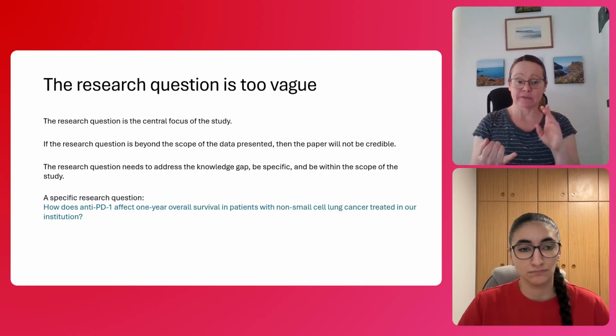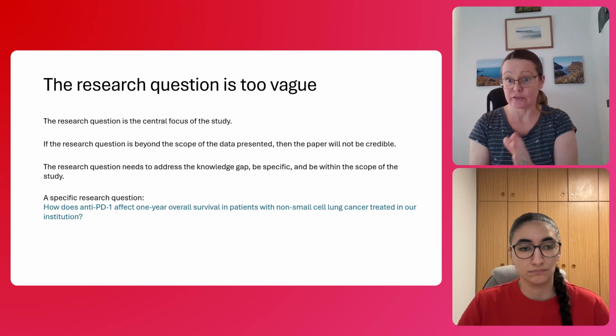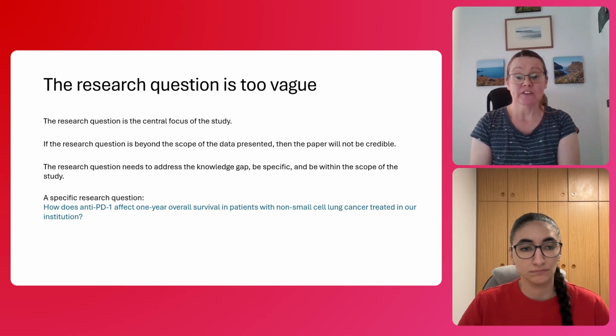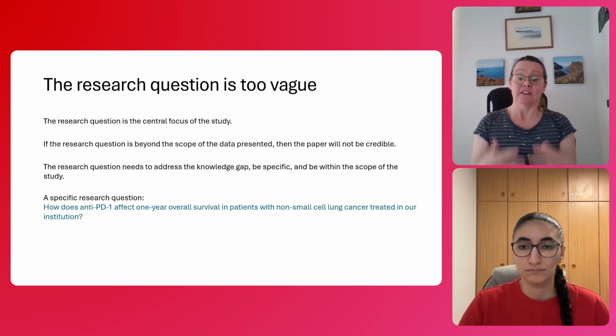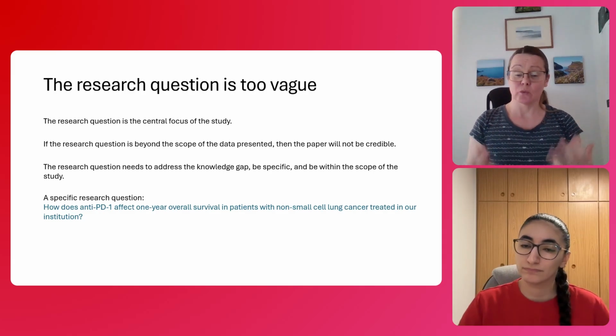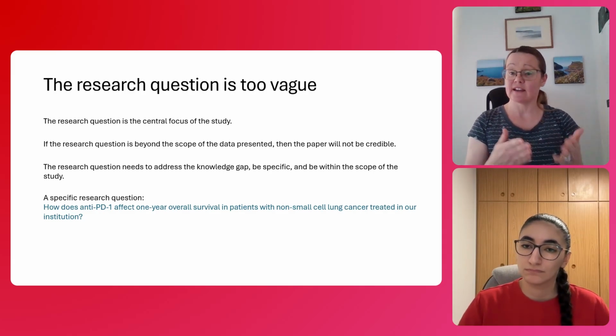We have a specific treatment. We have a specific outcome. We're looking at 1-year overall survival. We have a specific patient population, and we're mentioning a specific subtype of lung cancer. So that is specific. There is a very good chance that we can gather enough data to answer that specific research question.